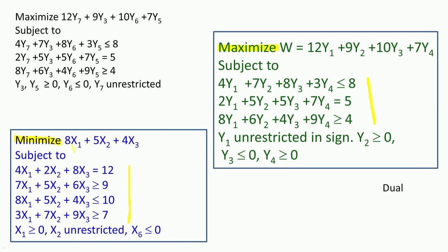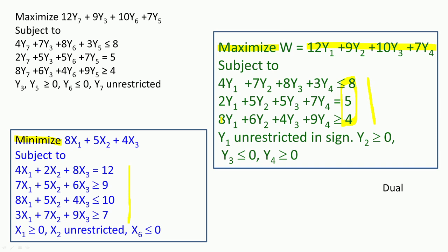The objective function values are 8, 5 and 4, the right hand side values are 8, 5 and 4. The right hand side values of the primal are 12, 9, 10 and 7, objective function is 12, 9, 10 and 7. The given matrix is here, the transpose is here. 4 to 8 is the row, 4 to 8 is the column. So we have the same thing.